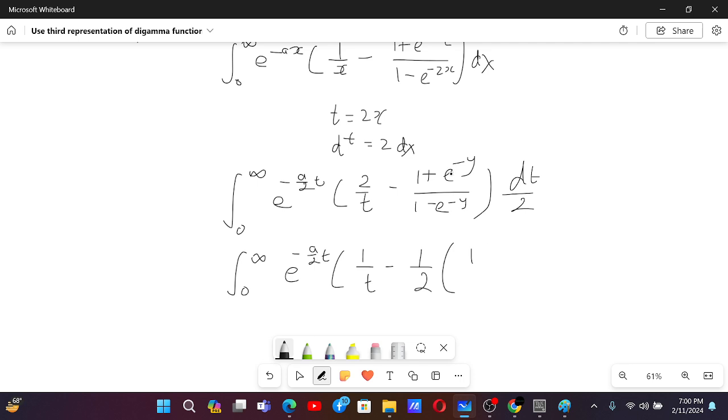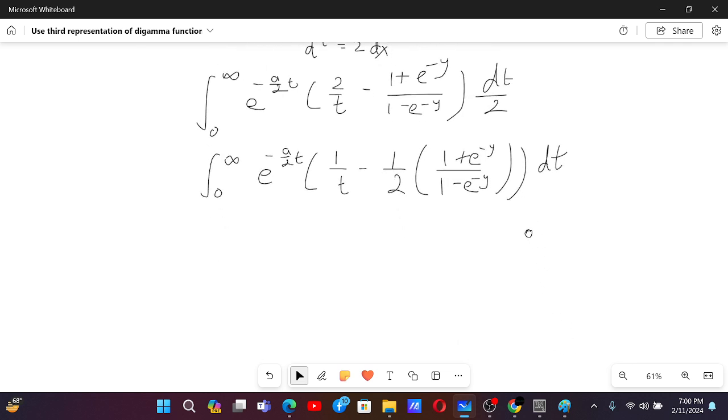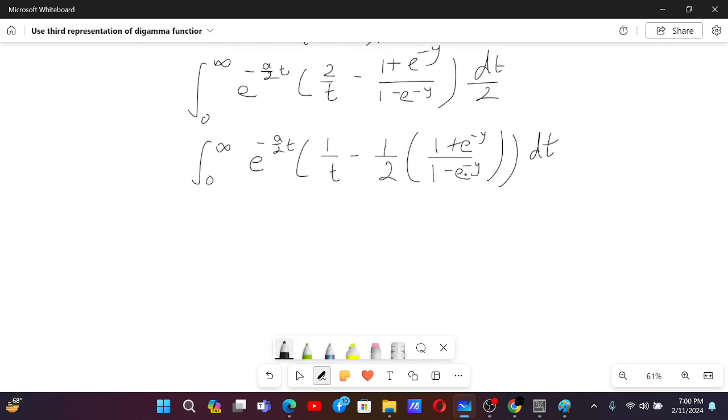Let me write it as it is for now, and then I will tell you what I am going to do next. I am going to write this as (1 minus e to the power minus t plus 2 times e to the power minus t), because this will simplify things: in the next term there are no constant terms, and over here this cancels out.